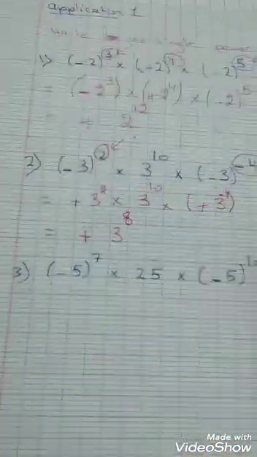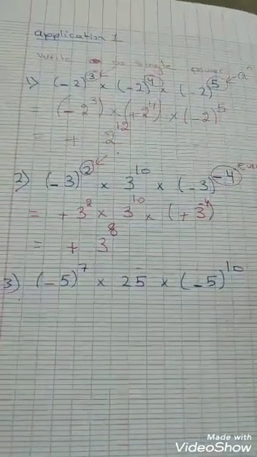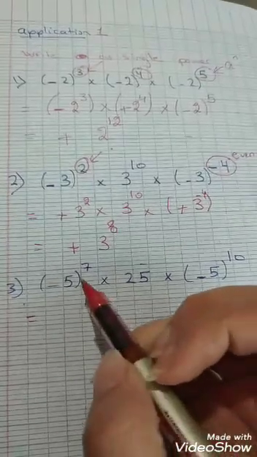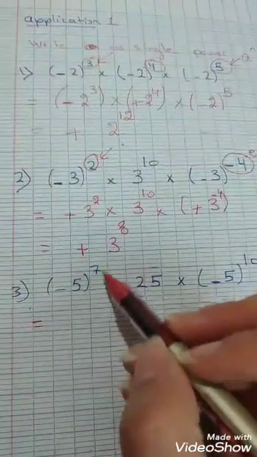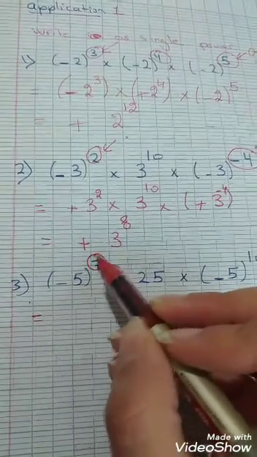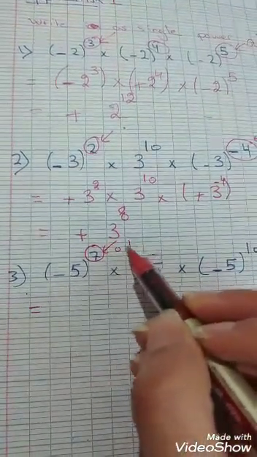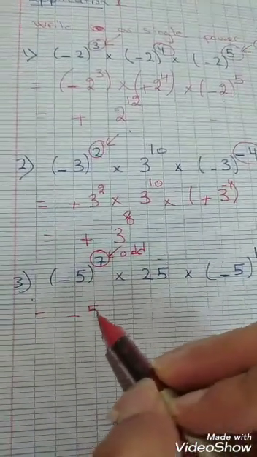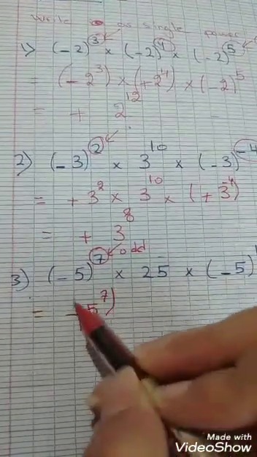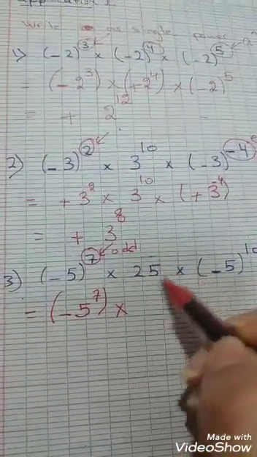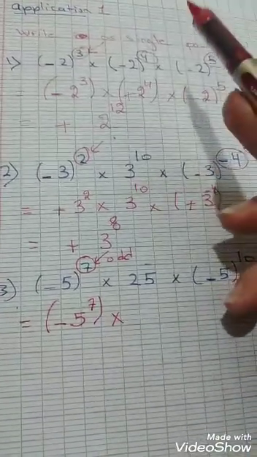Okay. I will turn to part number 3. I will start with the parentheses. So minus 5 to the exponent 7: the base is negative and the exponent 7 is odd. Minus and odd, I keep the minus: minus 5 to the exponent 7, also in parentheses. 25, I won't leave it as 25, because we said I want to work with a single power.